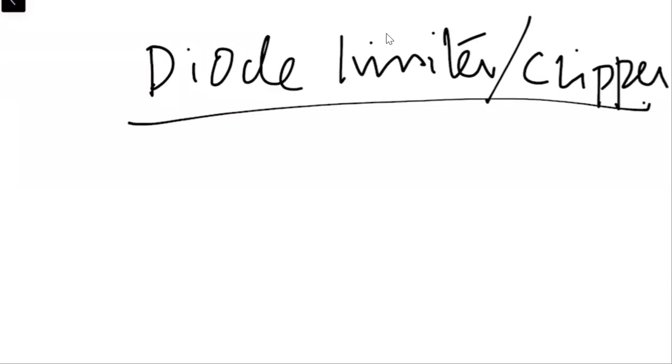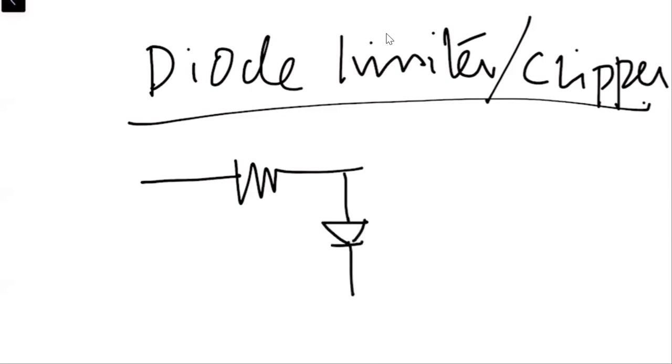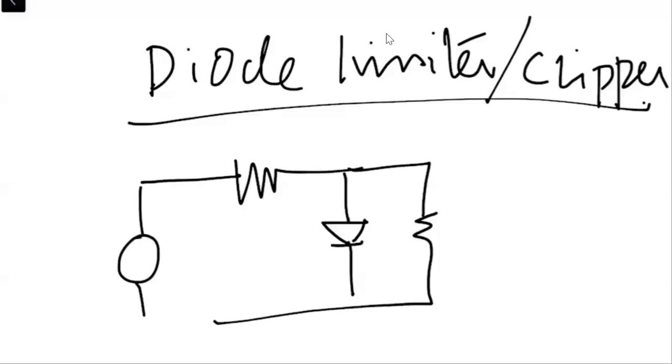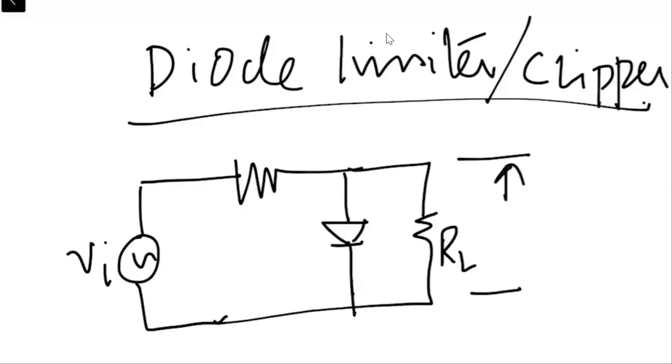Now, as we have seen in case of the half-wave rectifier circuit, if we connect a diode in such a fashion that we have a resistor and then a diode connected in a circuit like this, and we are applying a sinusoidal waveform over here, and we are taking the output across the parallel combination of the diode as well as the resistor.